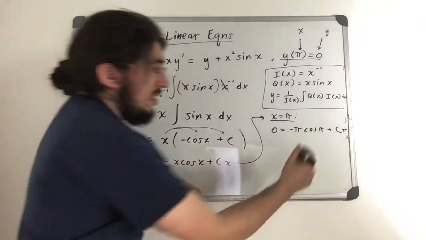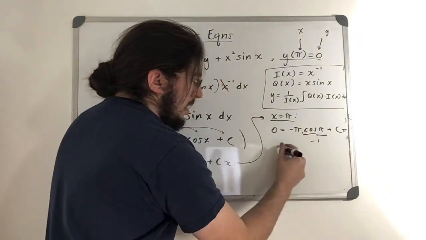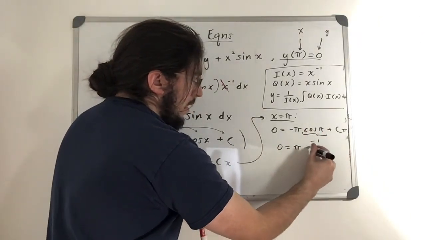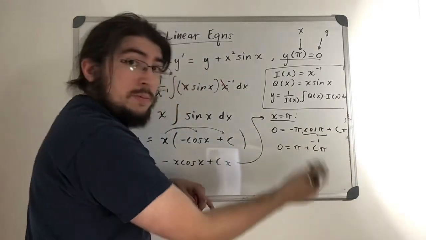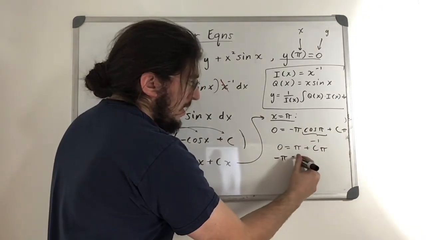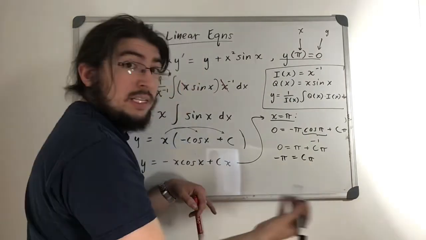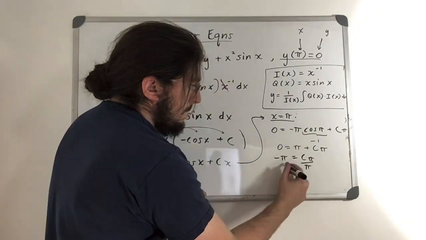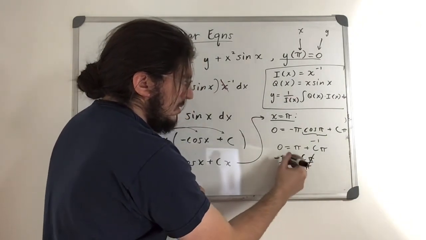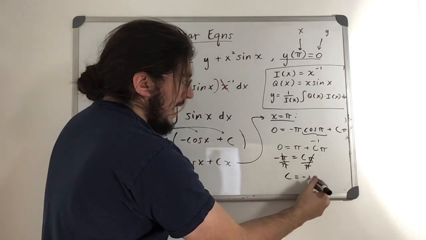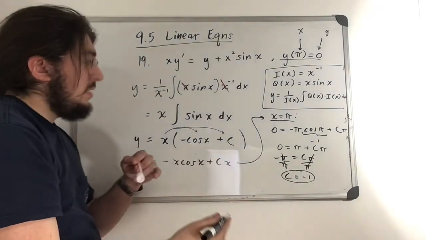Alright, what's cosine of pi? Cosine of pi is negative 1. So this is 0 is equal to pi plus c pi. Subtract pi to the other side. Negative pi is equal to c pi. Divide by pi. They cancel. So we get c is equal to negative 1. Perfect.